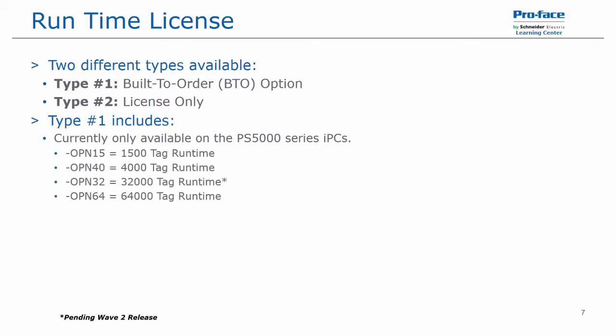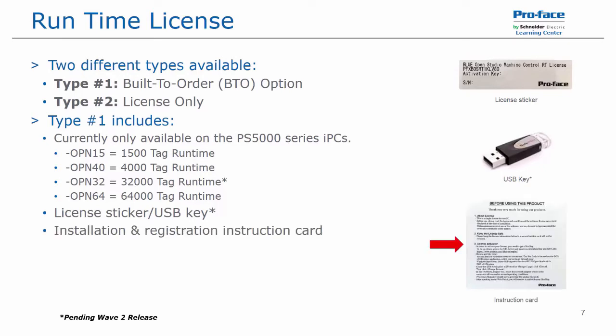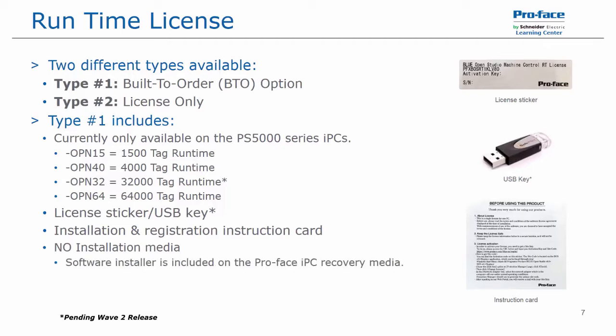Here are the optional BTO or configuration numbers. It also includes a license sticker or a USB key when they come available, an installation and registration instruction card.